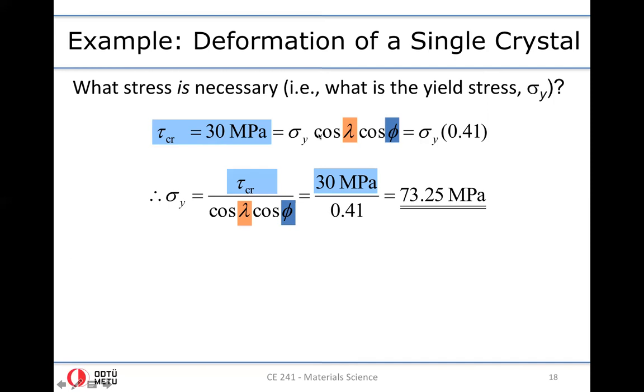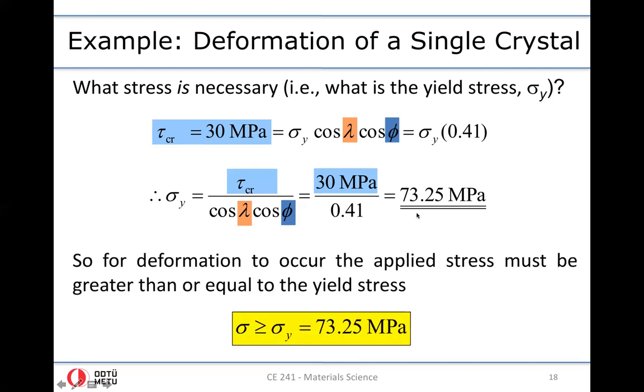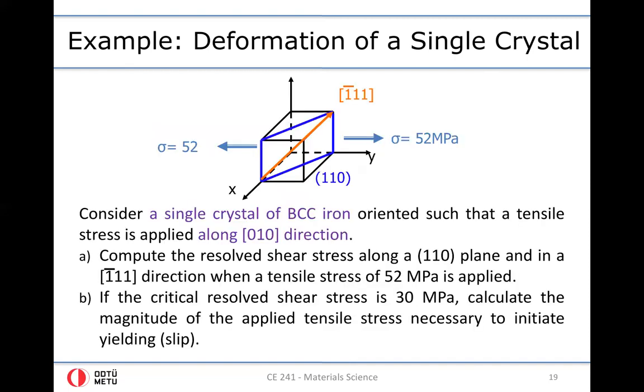And when you divide the critical resolved shear stress by this product of the direction cosines, which is 0.41, we find that the normal stress needed to initiate a plastic flow within the slip plane having the critical resolved shear stress of 30 megapascals is 73.25 megapascals. So for deformation to occur, the applied stress must be greater than or equal to the yield stress that is found to be 73.25 megapascals.